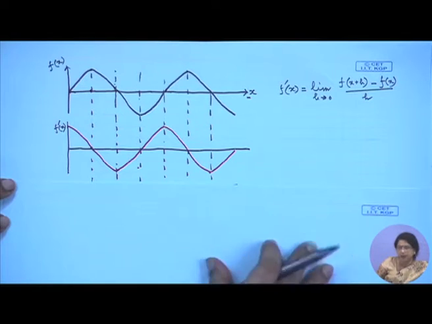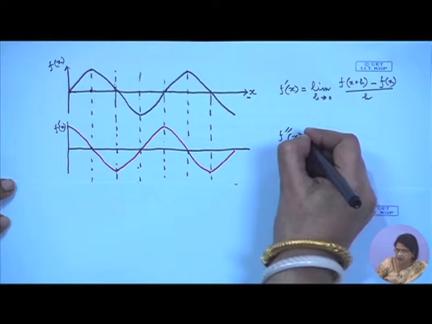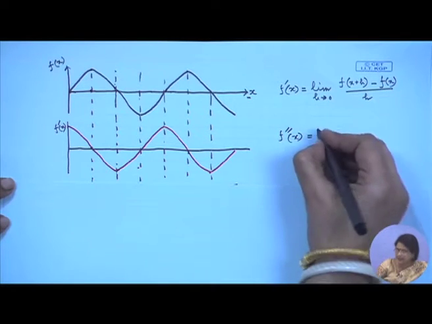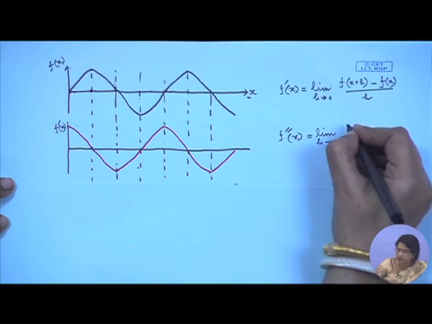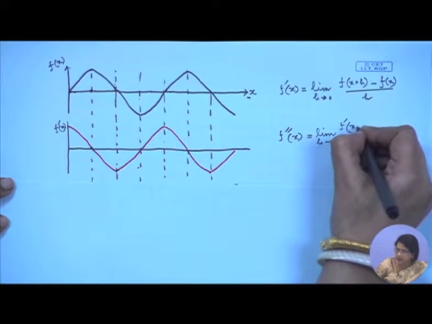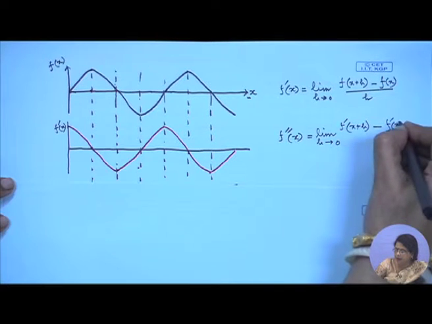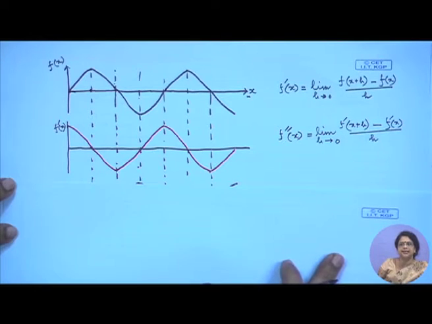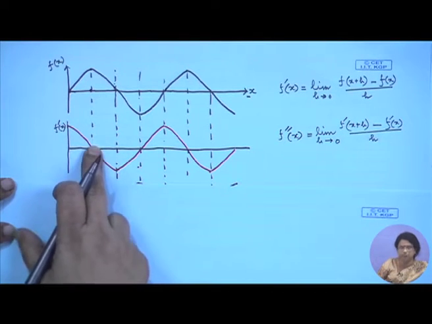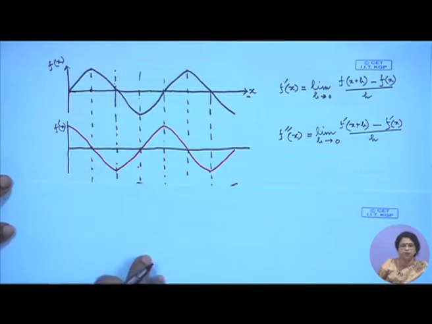Alright. Now, let us consider the next derivative, f double prime x. What is that? It is limit h tends to 0 of f prime x plus h minus f prime x divided by h. That means we are considering the first order derivative of this function, that is the second order derivative of the previous function.